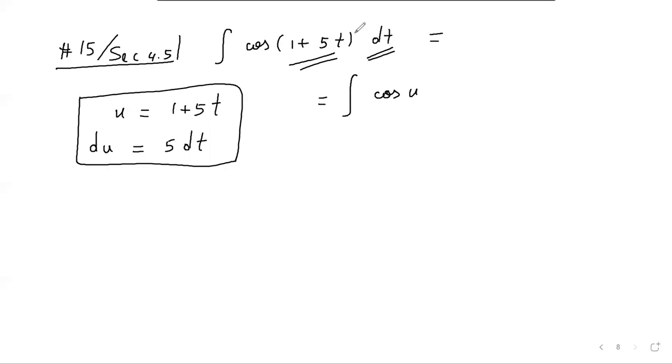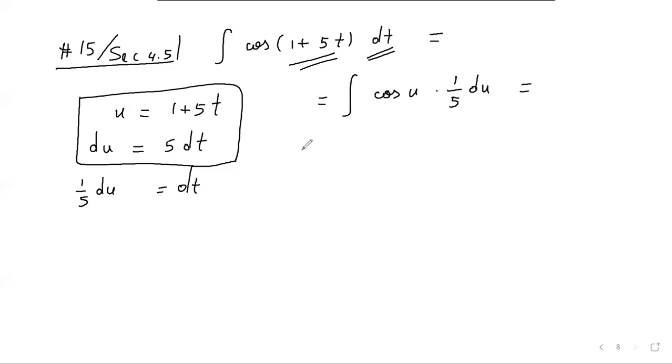But we really have it here because it's a constant. It's a constant times 1, so it's a bit disguised here. So dt is going to be 1 over 5 du. And this is going to be cosine u times 1 over 5 du.